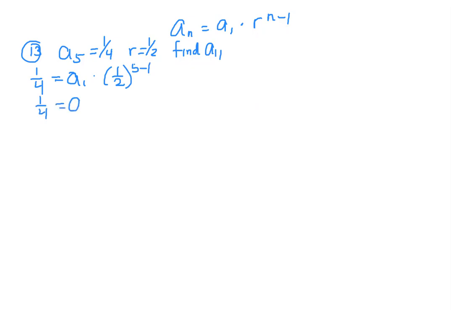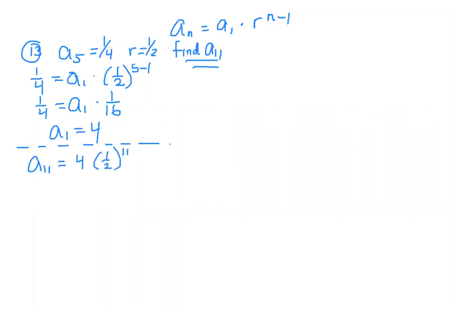So we get 1/2 to the 4th. 2 times 2 is 4 times 2 is 8 times 2 is 16, which is 1/16. When we multiply each side by 16, we get A1 equals 4. That's our first step. Now we can find A11 by saying A1 times R to the 11 minus 1. And this is going to equal 1/256.